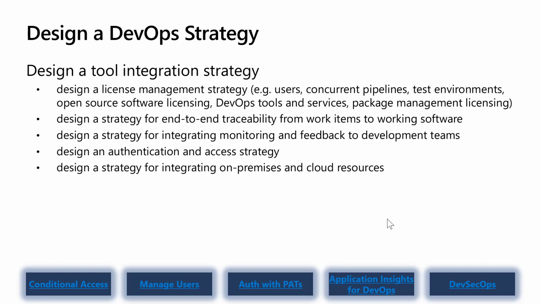With some new links down here at the bottom of the slide, pointing towards conditional access, giving you more secured access to Azure DevOps out of Azure Active Directory. There's a link to documentation about how to manage users, groups, and membership within Azure DevOps, how to authenticate with personal access tokens.